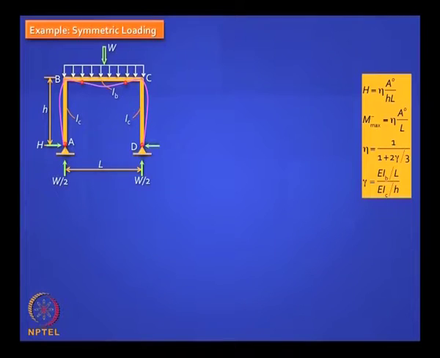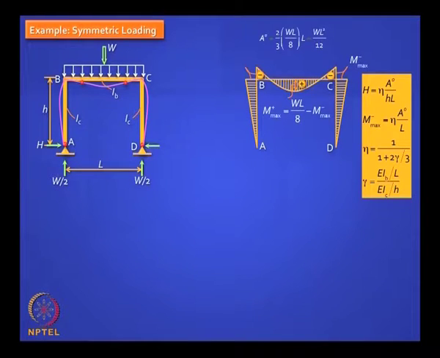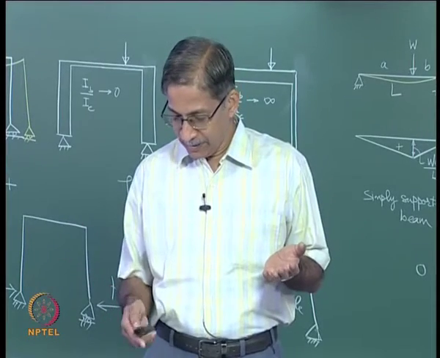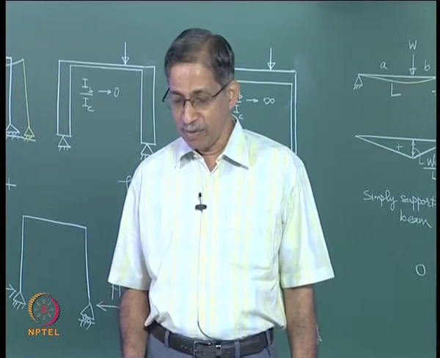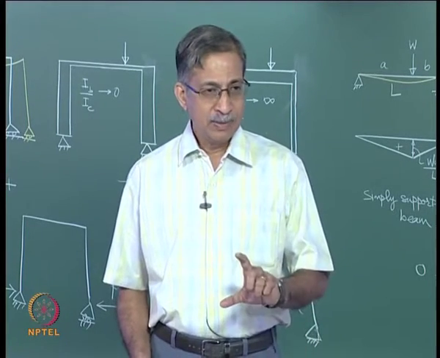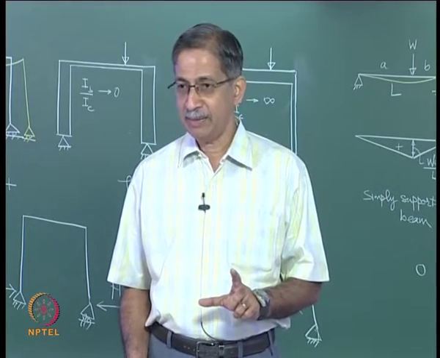These are your general expressions for any symmetric loading, right. So do you agree this is the bending moment diagram you get? The bending moment diagram in the beam will be a parabola which gets lifted up by capital H into small h, and the area of the free moment diagram is 2/3 into WL by 8, because it is a parabola, right.